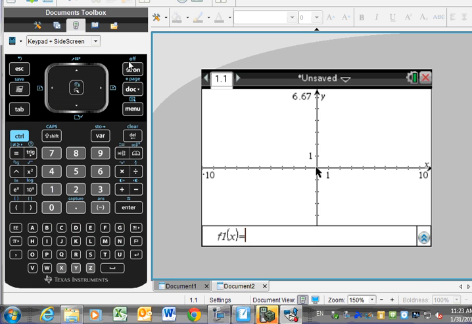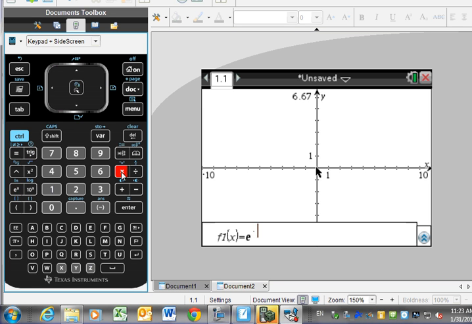Okay, graph. I want e to the x times 1 over x, right? So e to the x times parentheses 1 divided by x. I know too many calculators sometimes. This is the Inspire. Now, I forgot the x. So what I'm going to do? This is now on the iPad.